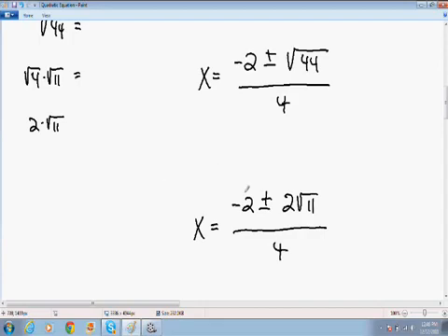We have 3 terms: a -2, a 2 square root of 11, and a 4. If you notice, all those 3 terms have a common factor of 2, because -2 can be divided by 2 easily, 2 square root of 11 can be divided by 2 easily, and 4 can be divided by 2 easily. Since they all have a common factor of 2, we need to simplify this even more.